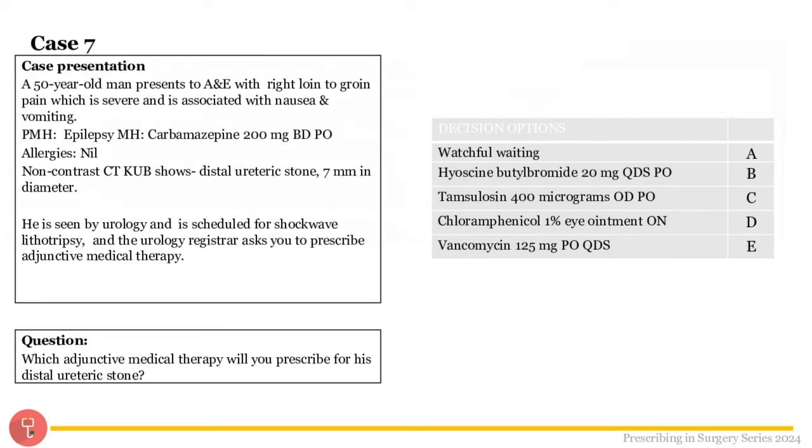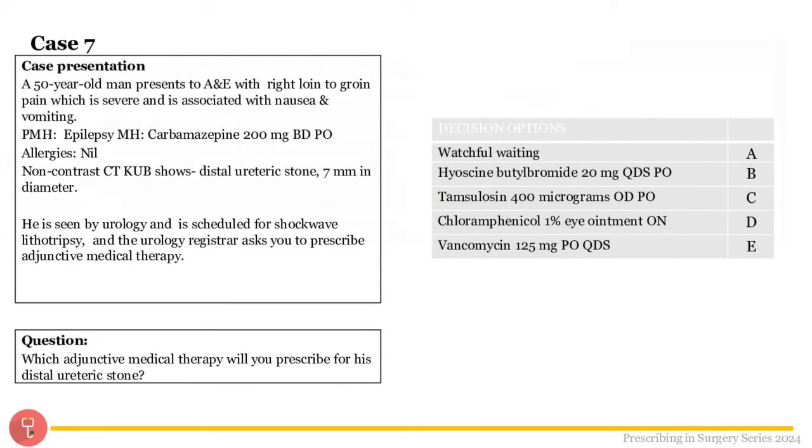I'm just going to release the question to the floor. Someone asked, in pyelonephritis, can you prescribe orals?